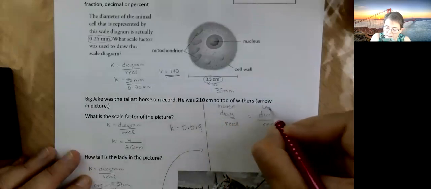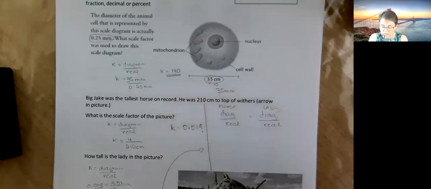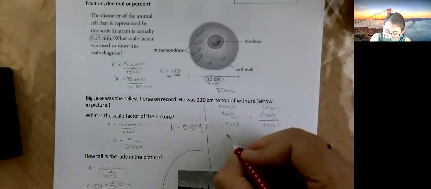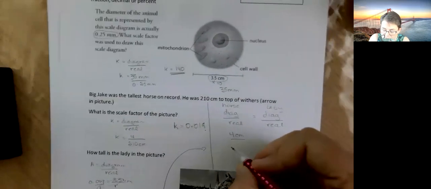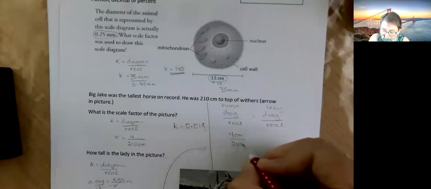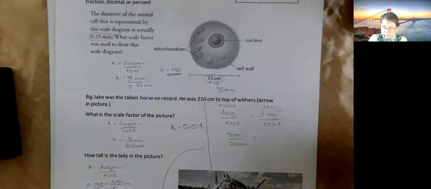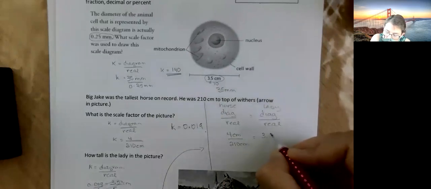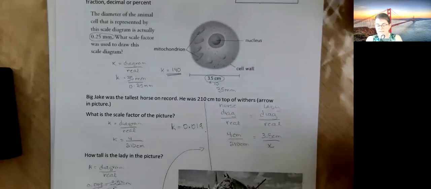and this is lady. So in the diagram we measured Big Jake to be 4 centimeters, and in real life he is 210 centimeters. Then we measured the lady, and she was 3.5 centimeters, and we want to know her real value.